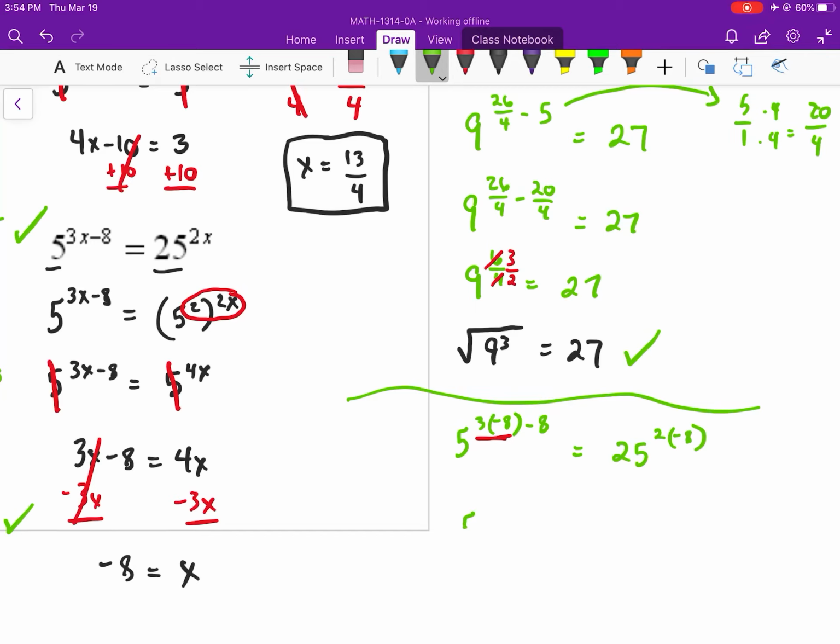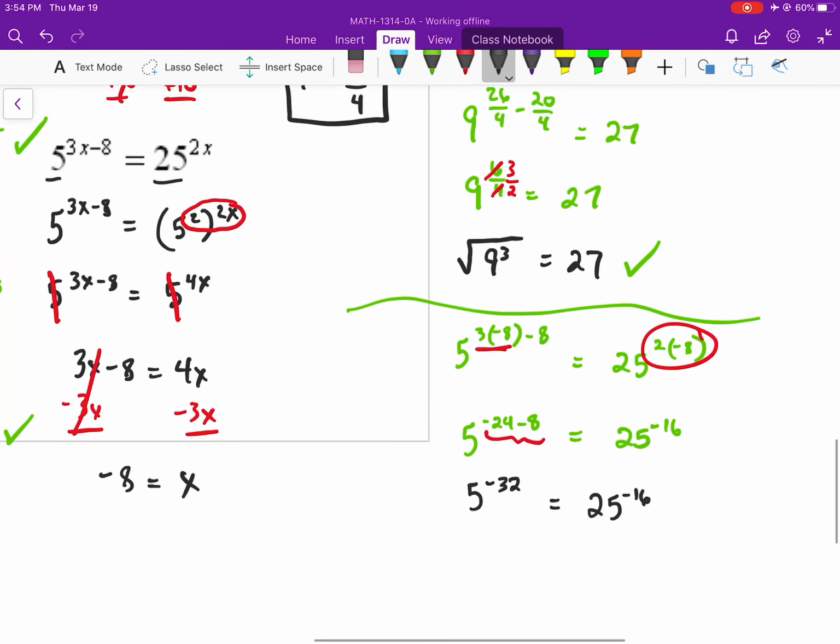So 3 times negative 8, I believe that's negative 24 minus 8 equals 25. Now this is multiplying out here. 2 times negative 8, that would be negative 16. Negative 24 minus 8 would be negative 32 equals 25 to the negative 16.